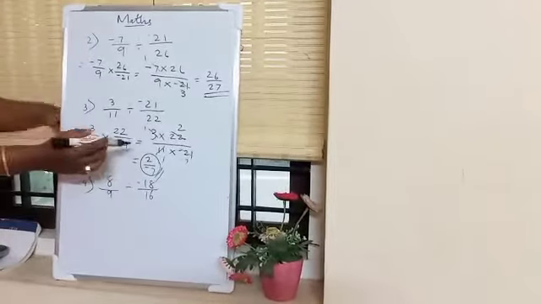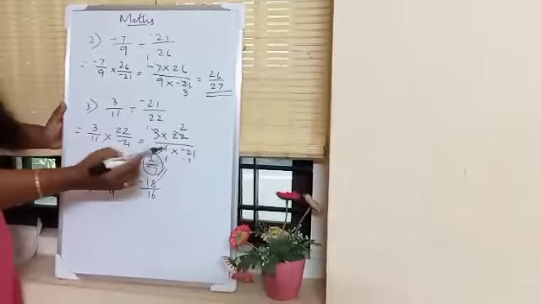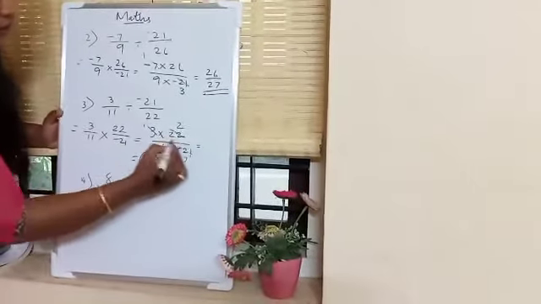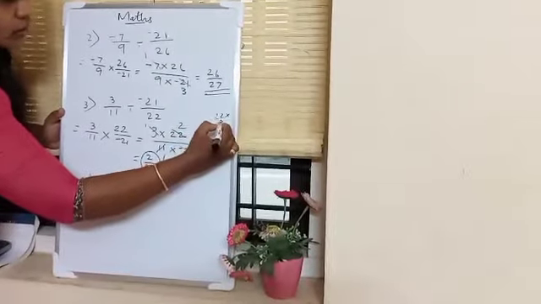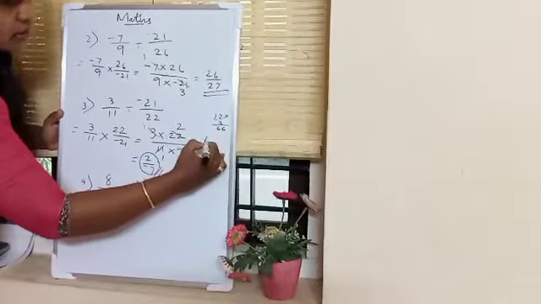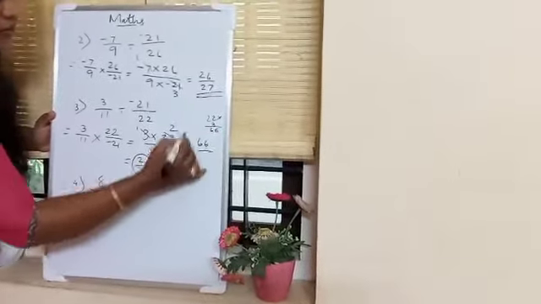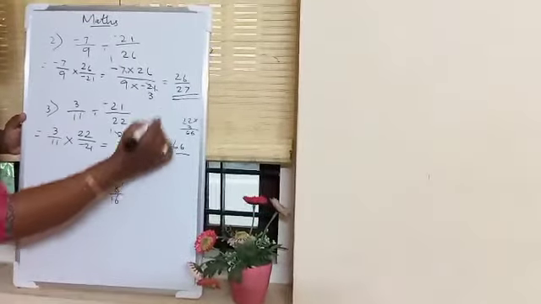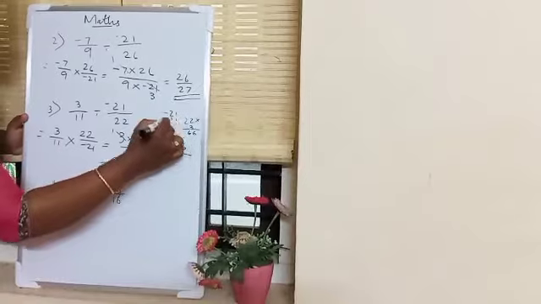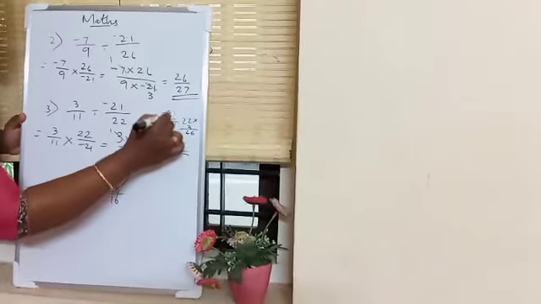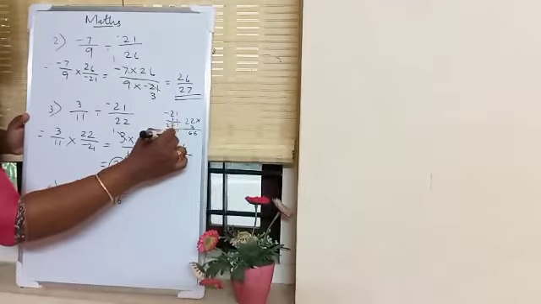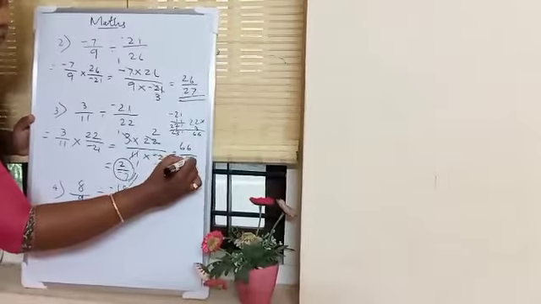If you don't understand the simplification, you can multiply 3 into 22, 66, and negative 21 into 11, negative 231.